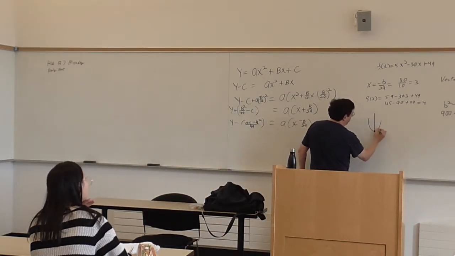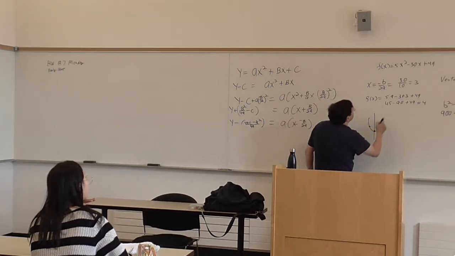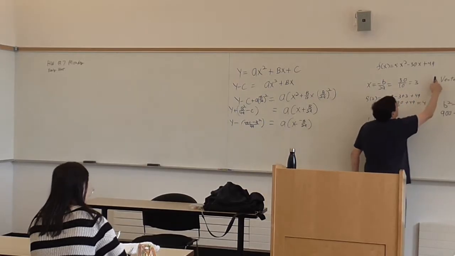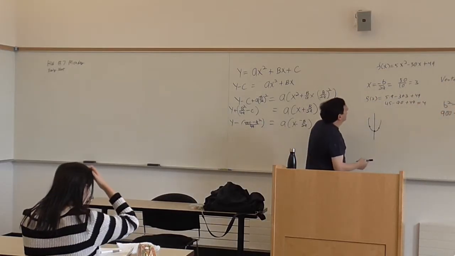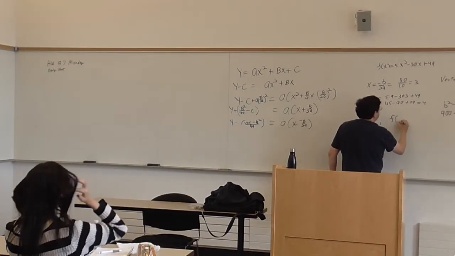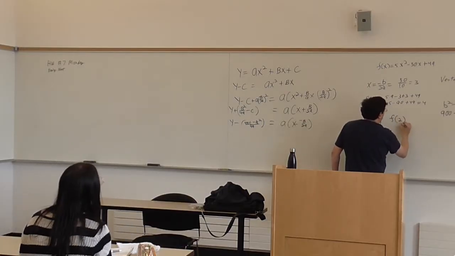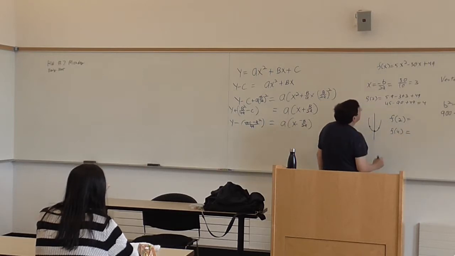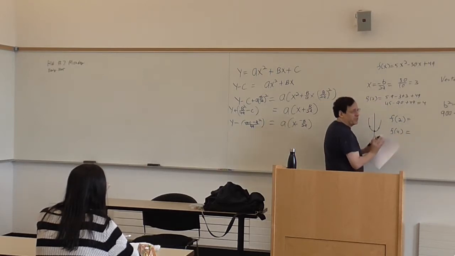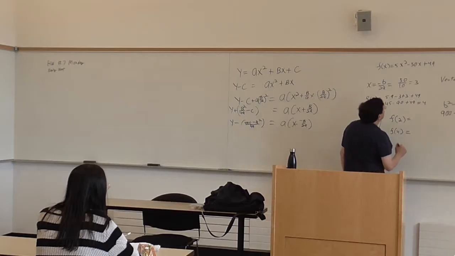I have the vertex. I can plug in a value on either side, right? So a good value might be where the vertex is +1 and -1. So that would be f of 2 and f of 4. That'll give me a feeling for the shape of this.